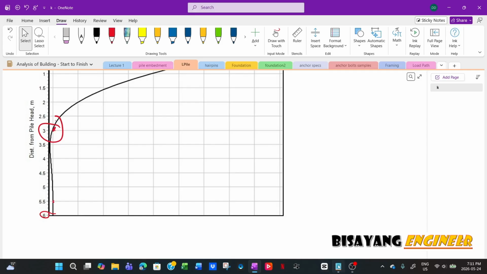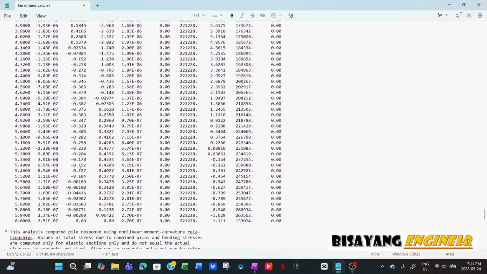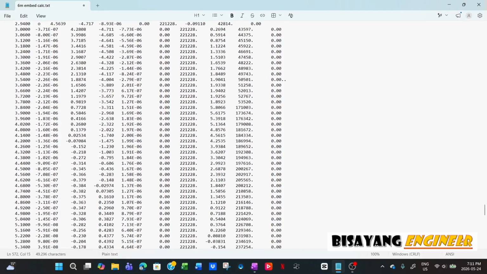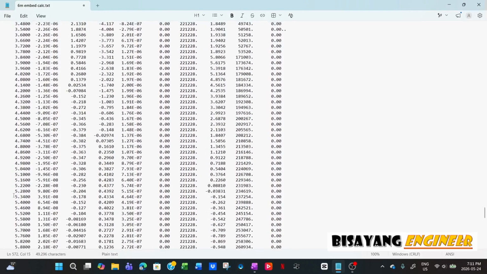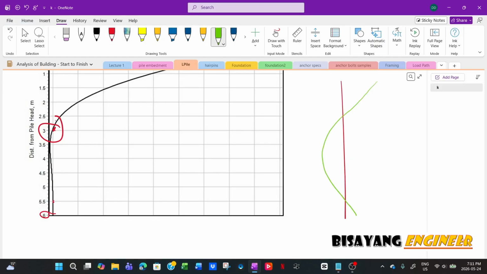And then it will go back to positive again at 5.28 meters below this one. So basically, if this is the origin and we exaggerate, the pile elastic curve looks like that.